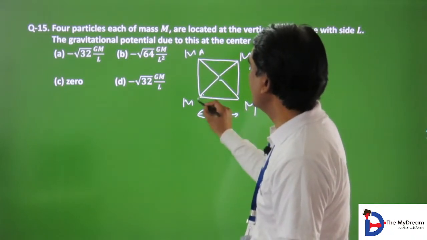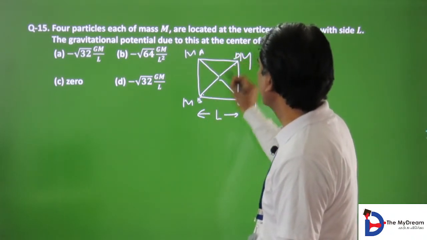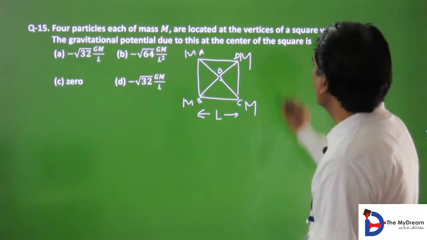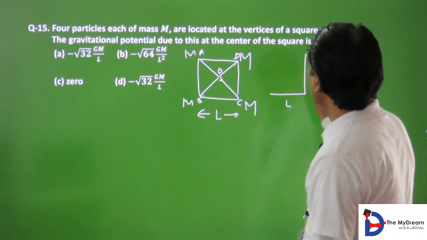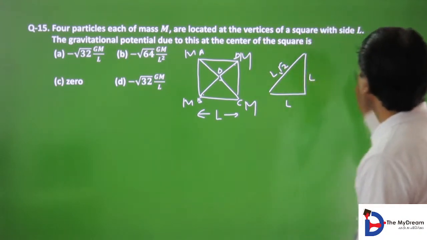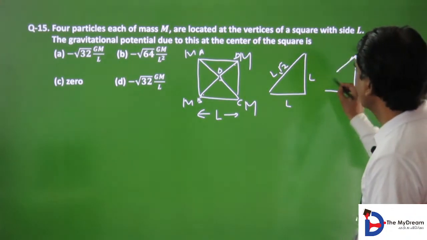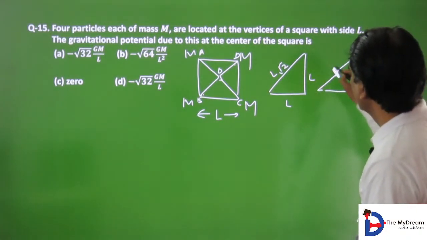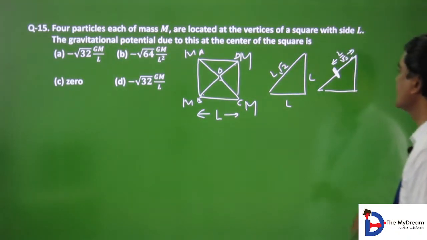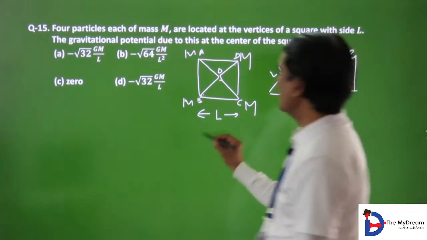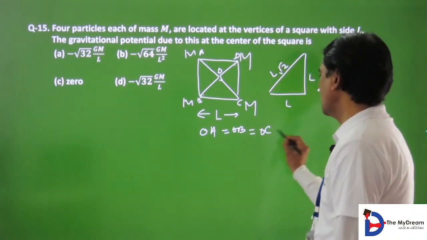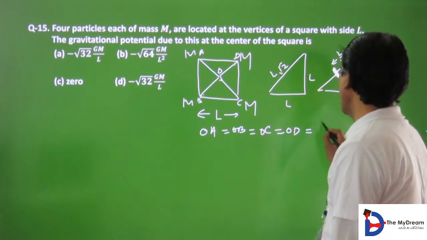This is A, B, C, D. This is L, this is L, this is L root 2. This is L by root 2. So OA is equal to OB, which is equal to OC, that is equal to OD, which is equal to L by root 2.